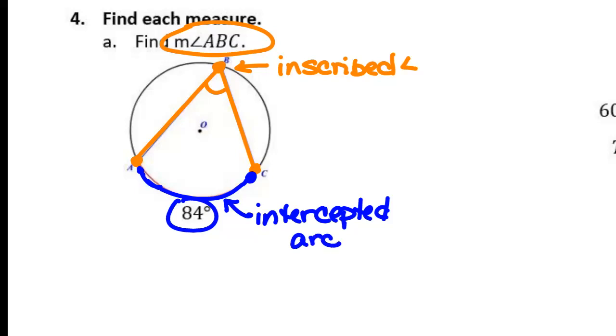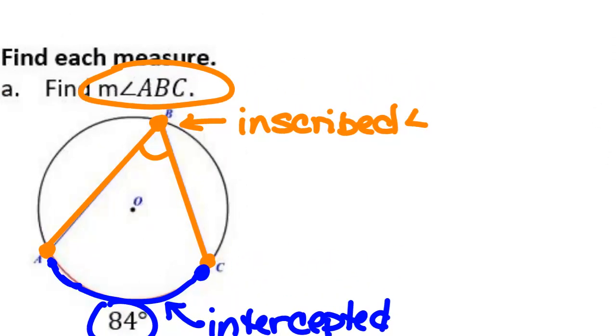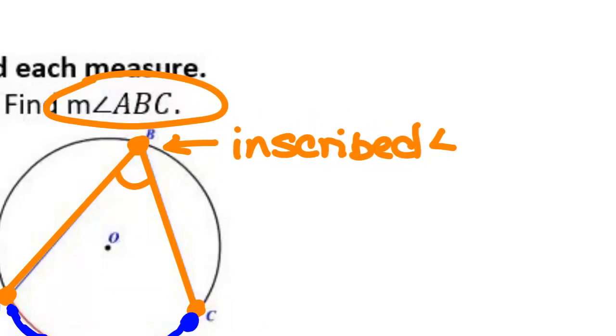What kind of numerical relationship do we have between an inscribed angle and an intercepted arc? What'd you say? They are not congruent. That is when it's a central angle. So when the vertex is on the center, then they are the same size. What was the relationship that we wrote down up at the top of the page between the inscribed angle and the intercepted arc? It's half.